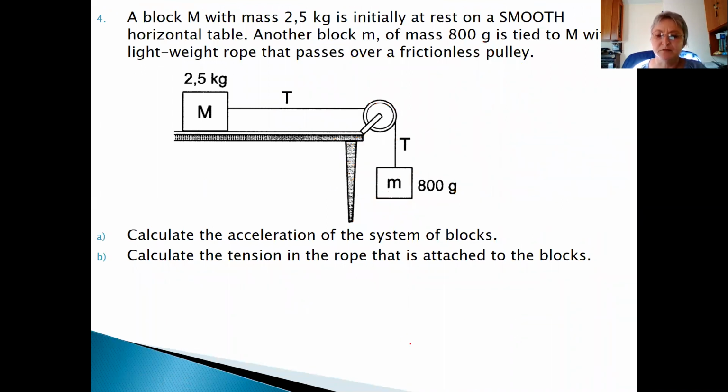Oh, this is the favorite type of question. A block M with a mass 2.5 kilograms is initially at rest on a smooth horizontal surface, no friction.